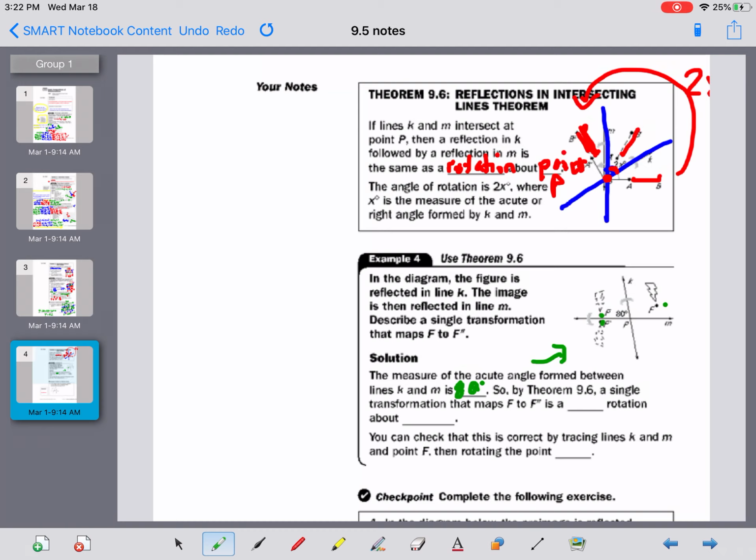When I go to find my single transformation, I'm going to do twice that 80 degrees. And of course, this is a rotation around point P, because P is where my two lines intersect. So for my final rotation, I have a 160-degree rotation about point P.